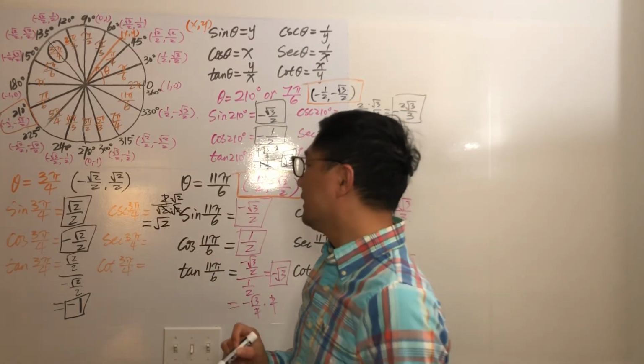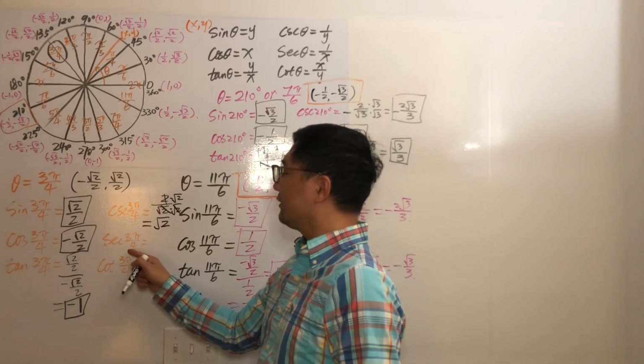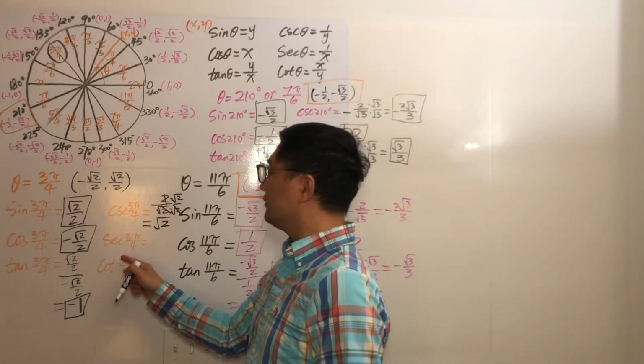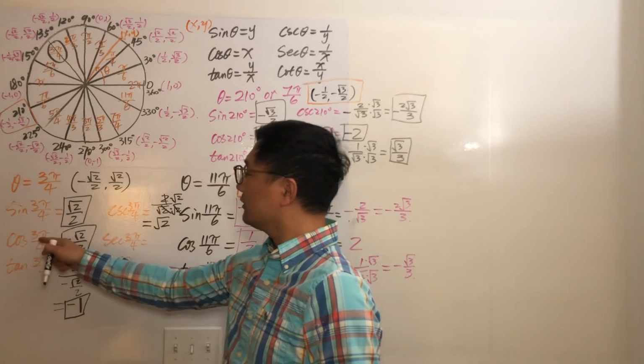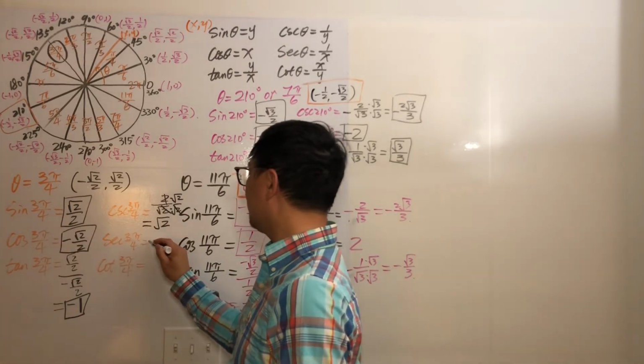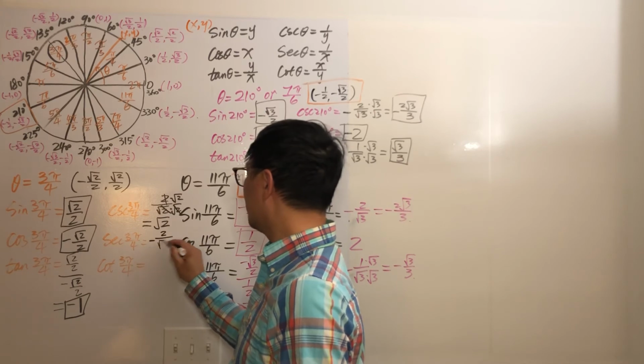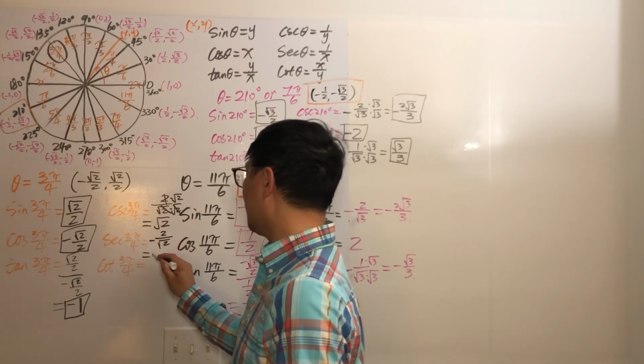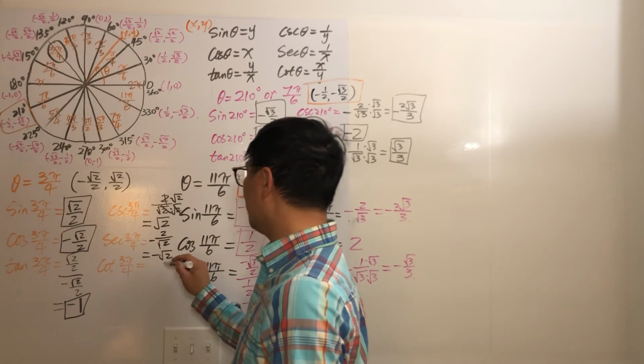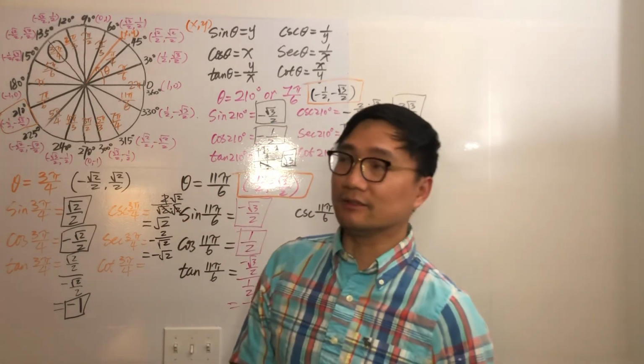Okay, so now what is secant 3 pi over 4? Secant is 1 over cosine, also flip this one, but this time it's negative. Flip negative 2 over radical 2, but also the final answer is negative radical 2 after you simplify the radical.